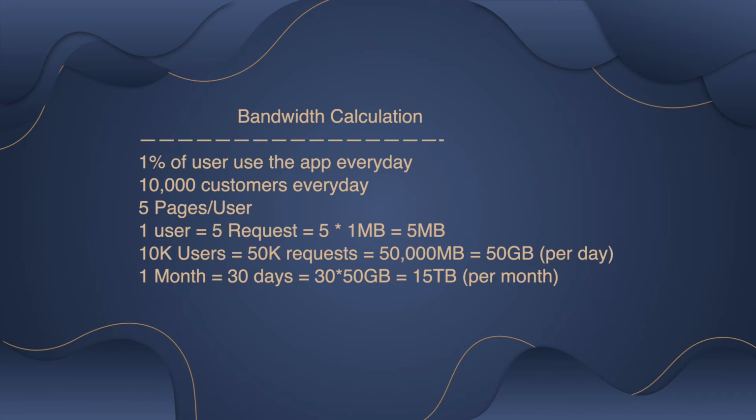So that is 5 requests per user, and we have 10,000 customers. That means 50,000 requests, and one request response we are considering approximately 1 MB because our file size is 1 MB. So it is 50,000 MB for 10,000 customers per day. That means 50 GB per day, and for 1 month it is close to 15 TB per month. Bandwidth is 15 TB per month.